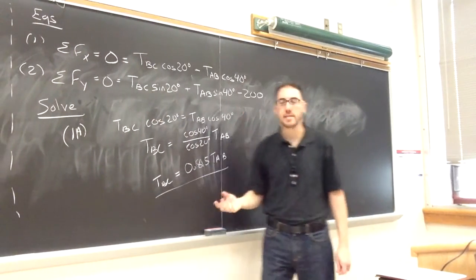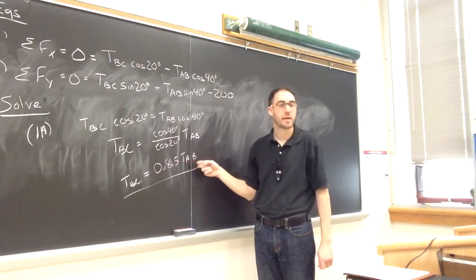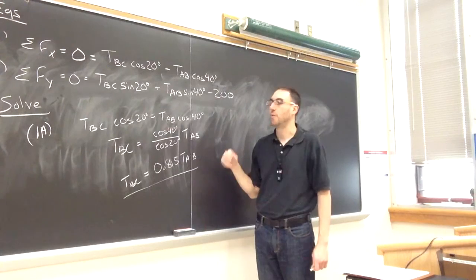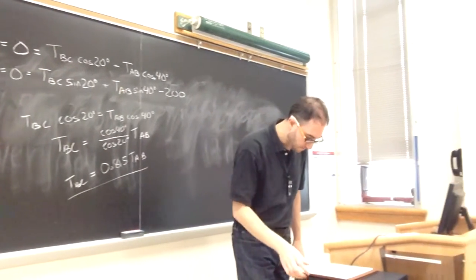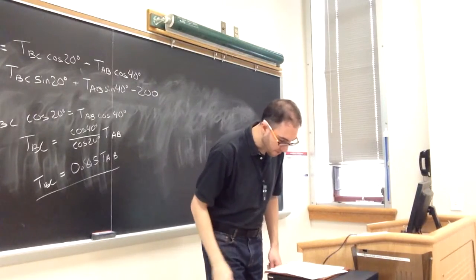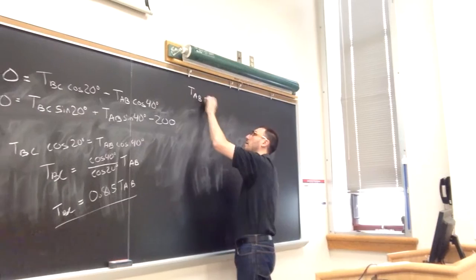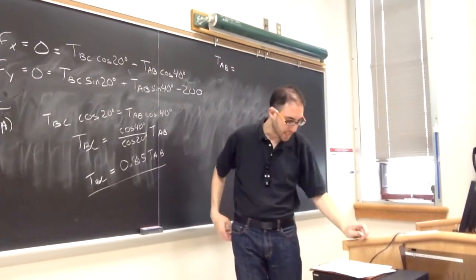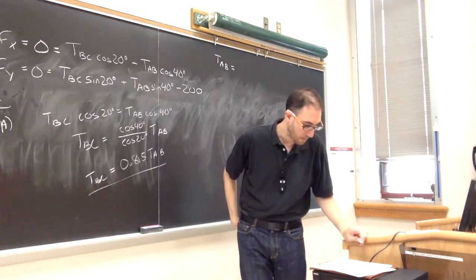And what I've done is now equation 2 has only one unknown in it, TAB. So that new equation 2 will only have one thing to solve for, and I can solve that. So if I solve that for TAB, I get that TAB is 217 pounds.